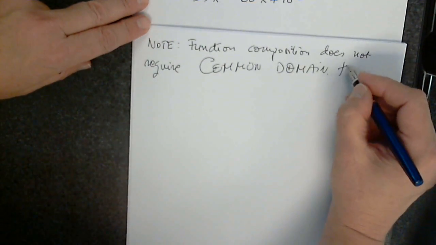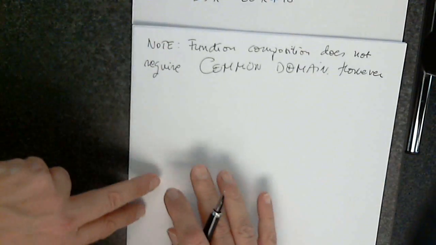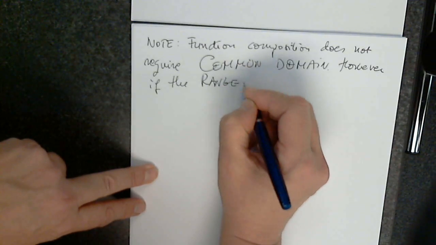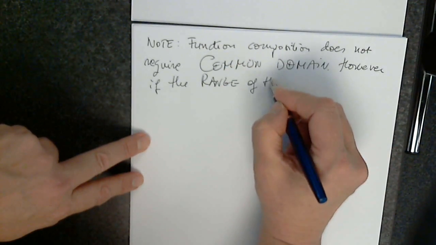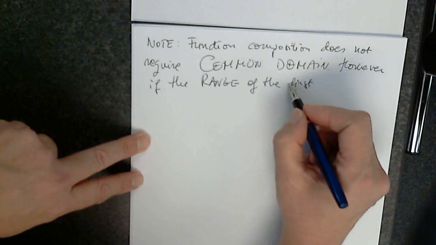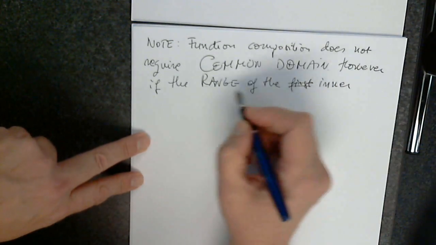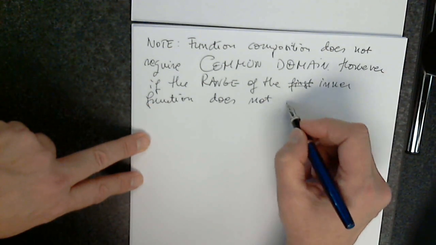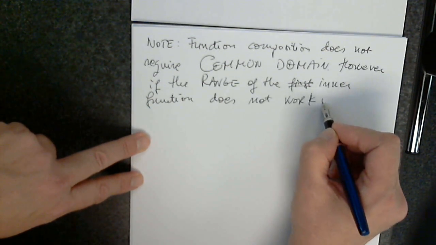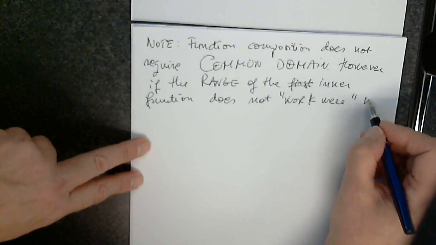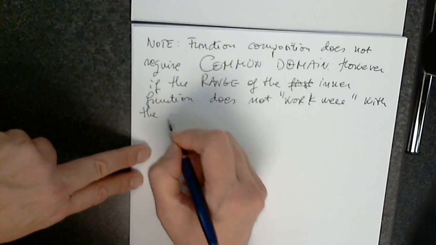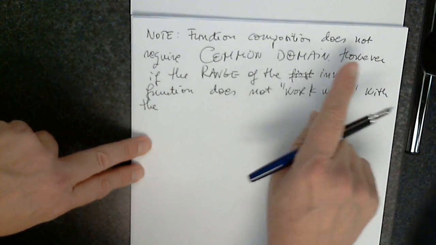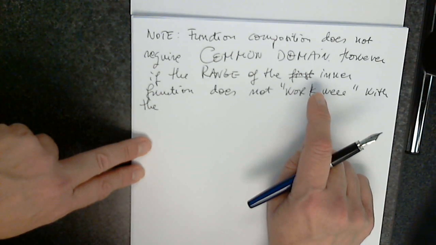However, if the range of the first function, I should say maybe inner, does not work well, and you know what I mean, with... so function composition does not require common domain.